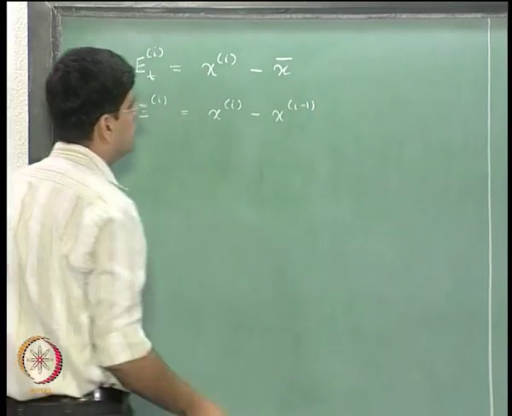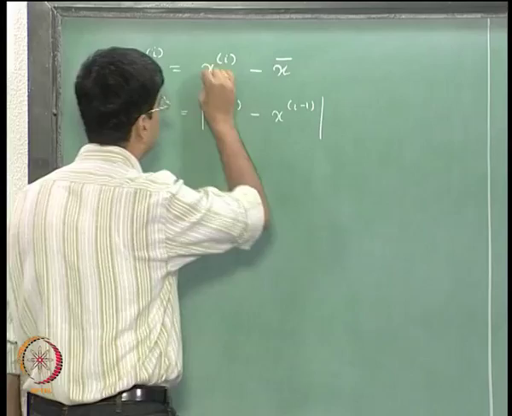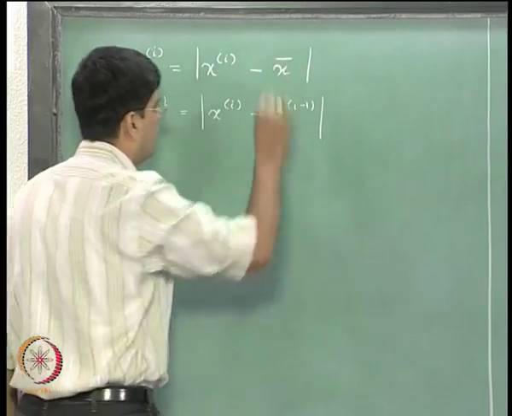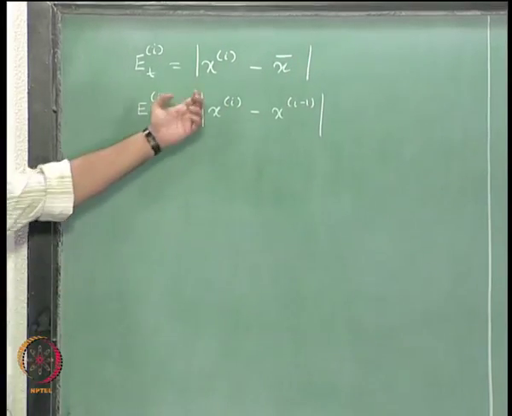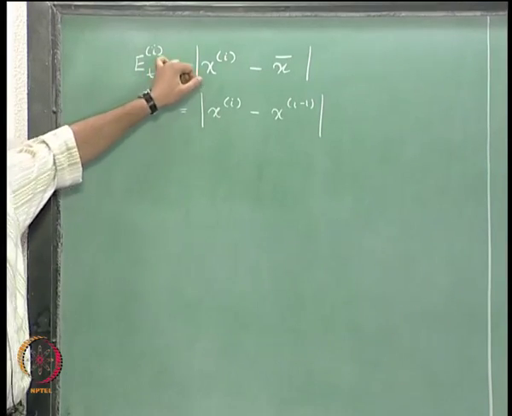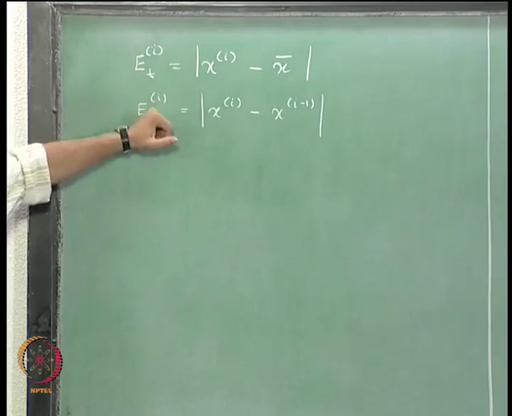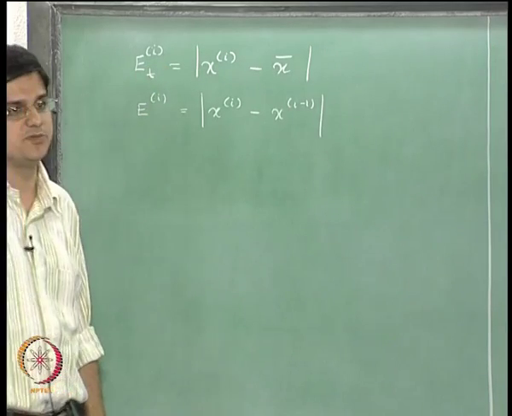Of course, we do not bias ourselves on whether this error is positive or negative, so we just look at the absolute values of these errors. So this is the error at iteration i, whether we are looking at the true error or the approximation error.